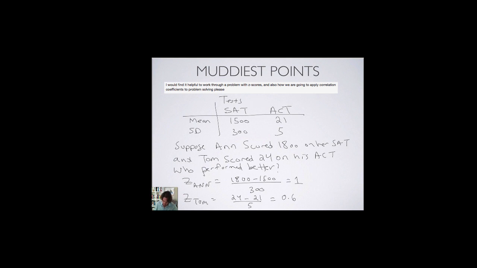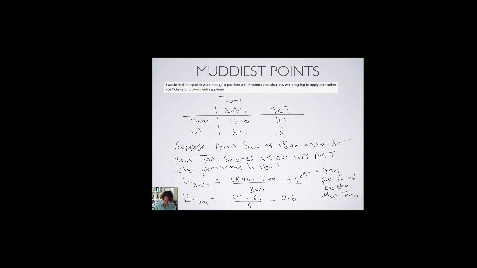The z-score is how many standard deviation units you are from the mean. Since Anne is further away from the mean in a positive direction than Tom, Anne performed better than Tom.